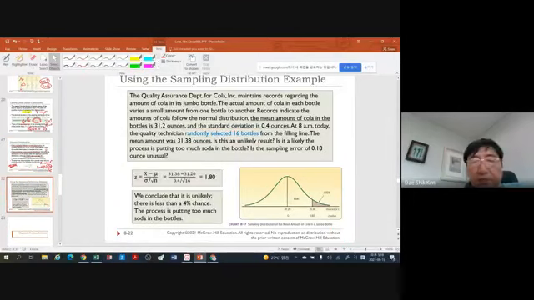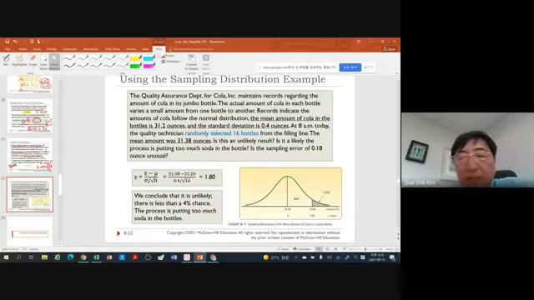Example: the Quality Assurance Department of a cola corporation maintains records regarding the amount of cola in jumbo bottles. The actual amount of cola in each bottle varies by a small amount from one bottle to another. Records indicate that the amounts of cola follow a normal distribution. Based on our historical data, the original population follows a normal distribution.